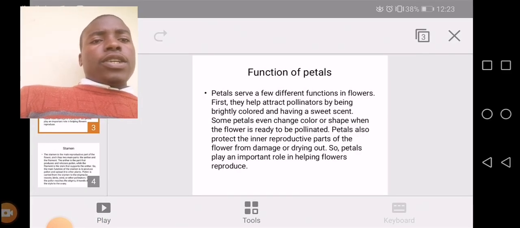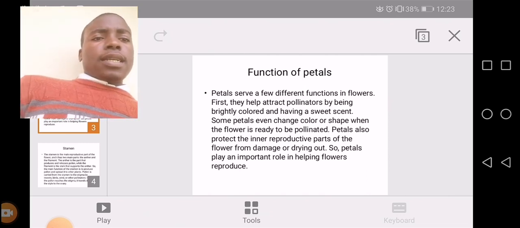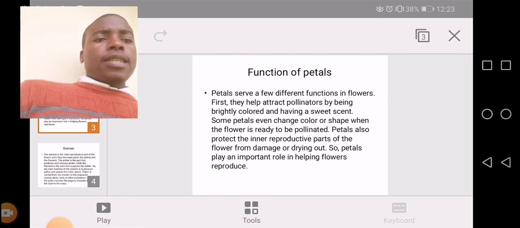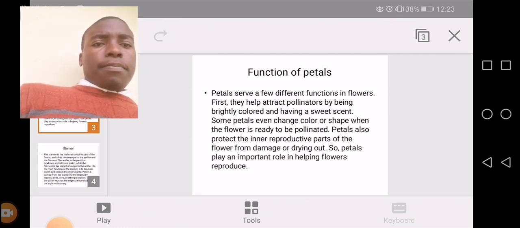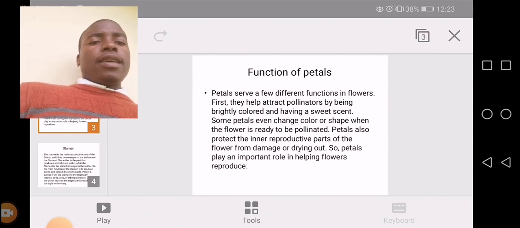We have the functions of petals on a flower. Petals have a few different functions in flowers. Firstly, they attract pollinators by being brightly colored, and they have a scent.